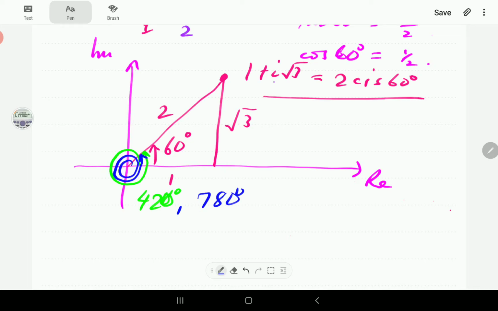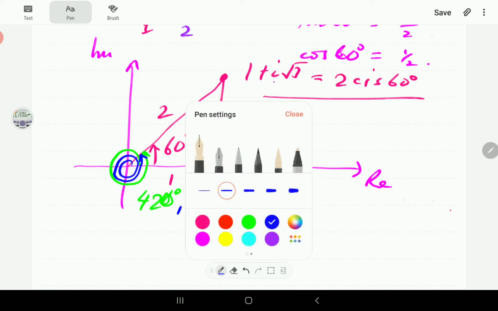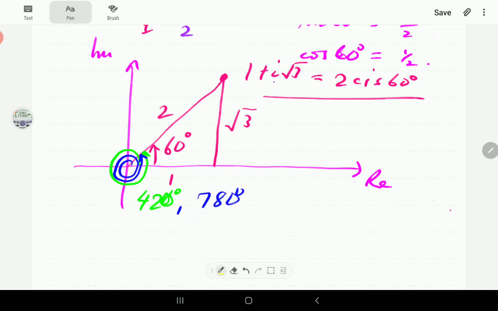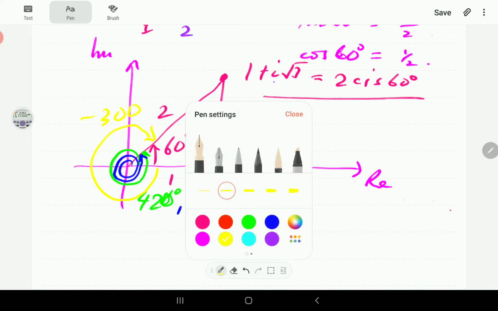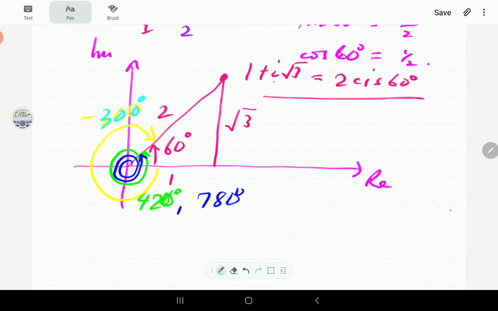Or alternatively, instead of going in the counterclockwise direction, we could go in the clockwise direction. This time, this angle is going to be negative 300. This is barely visible. Negative 300 degrees.